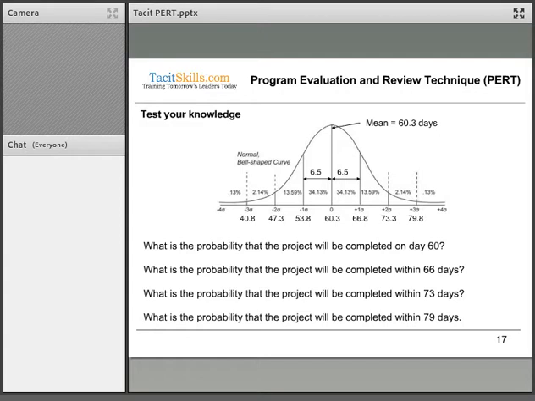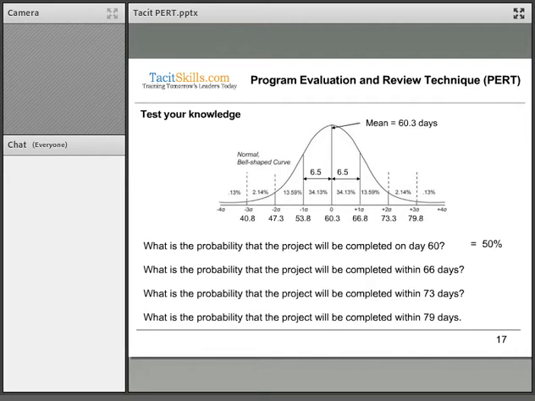The probability would work out to 50%. Now, why do we say it is 50%? We are assuming a perfect bell curve, and in a perfect bell curve there will be just as many possibilities to the left of the mean as there would be to the right. So there's a 50% chance of landing on the mean.